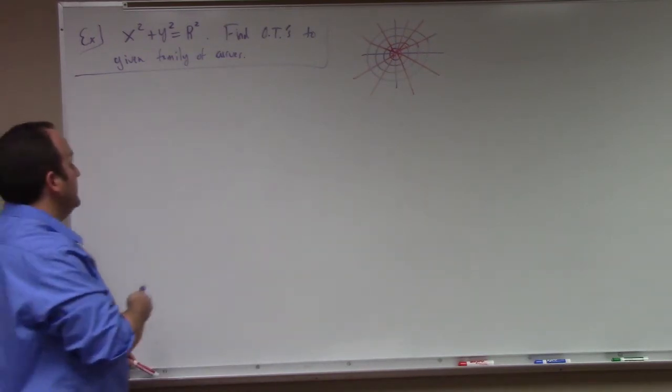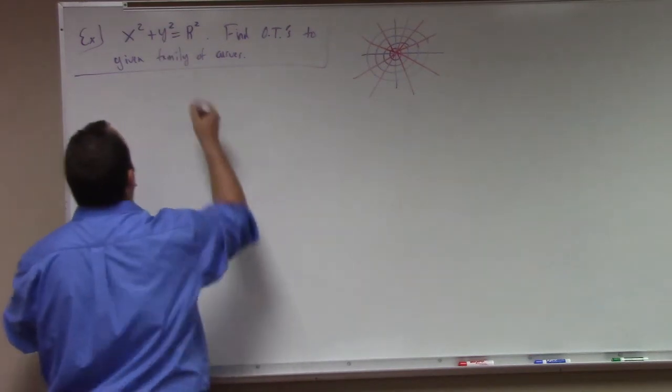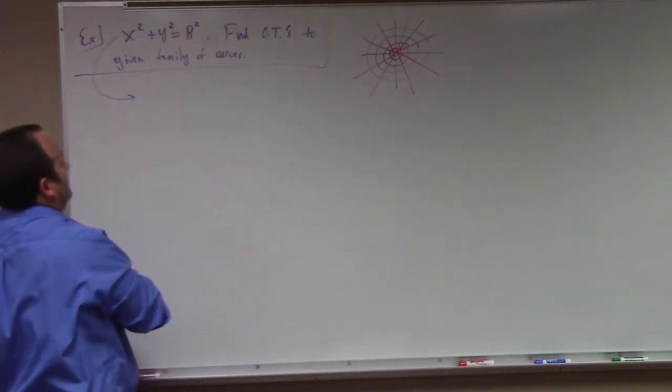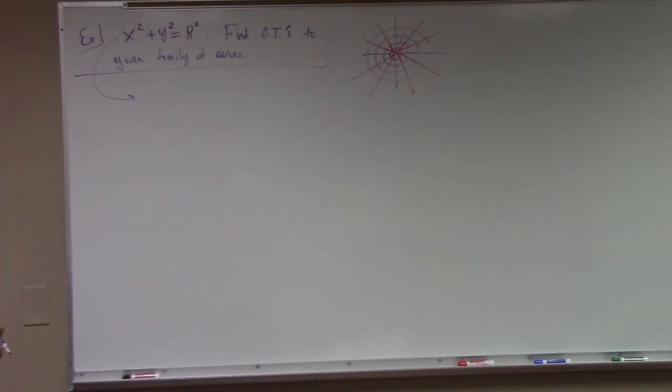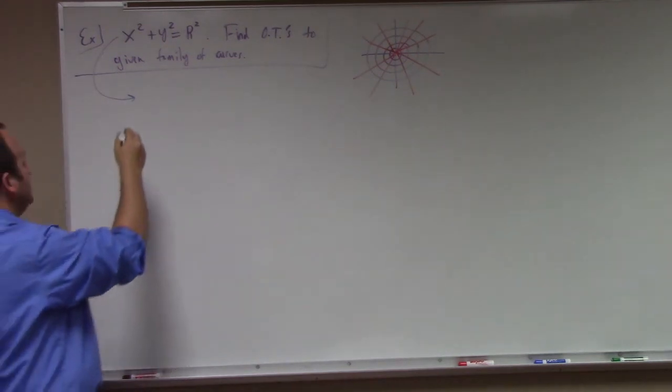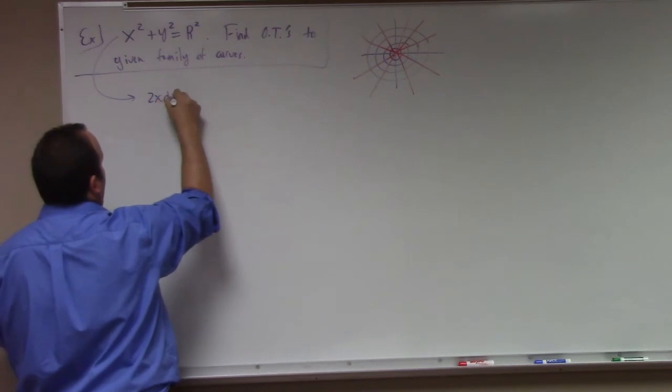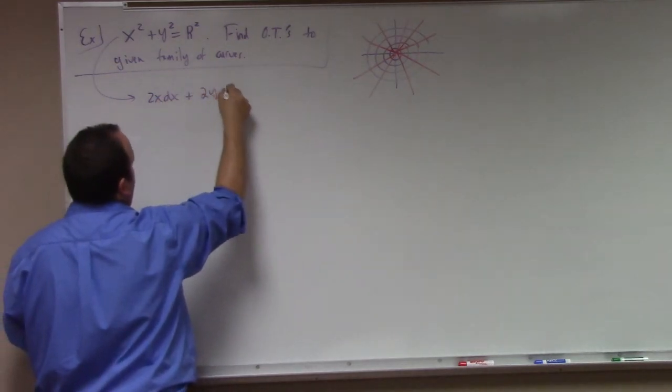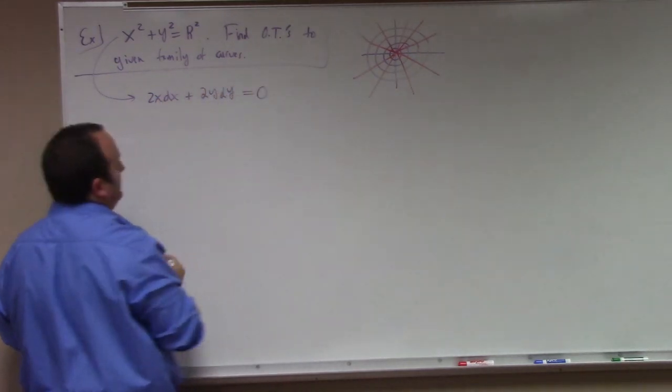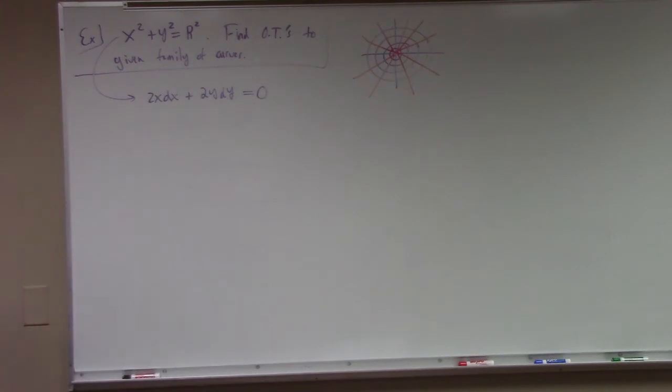So what's the differential equation that solves this? Well, I think the nicest way to do it is use the Pfaffian form personally. I mean, this says that 2x dx plus 2y dy is equal to 0, right? That differential equation in Pfaffian form has circles as its solution set.